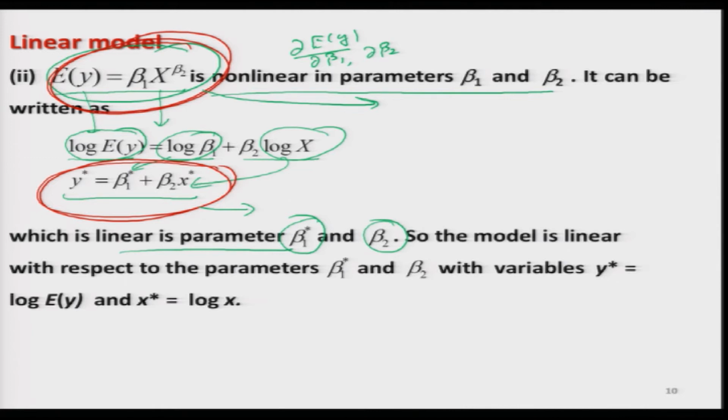So, sometime you will see that when you are trying to deal with the more complicated models where the mathematical form is very complicated, then you try to make some such transformation and you try to work with this transformed model. Why? Because whatever tools we are going to develop, they are essentially for linear model.